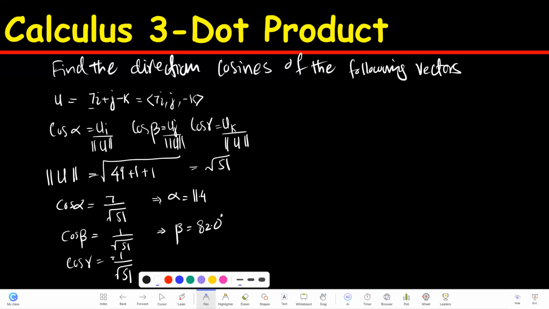Make sure I put this sign separate so you do not forget. We are not taking the magnitude of the numerator. The numerator is not a magnitude, it's a component. It's very important you do not ignore this minus sign. If you ignore it, your angle will look a little bit different than what it should be, and then you have to do another operation: subtract this angle from 180 degrees.